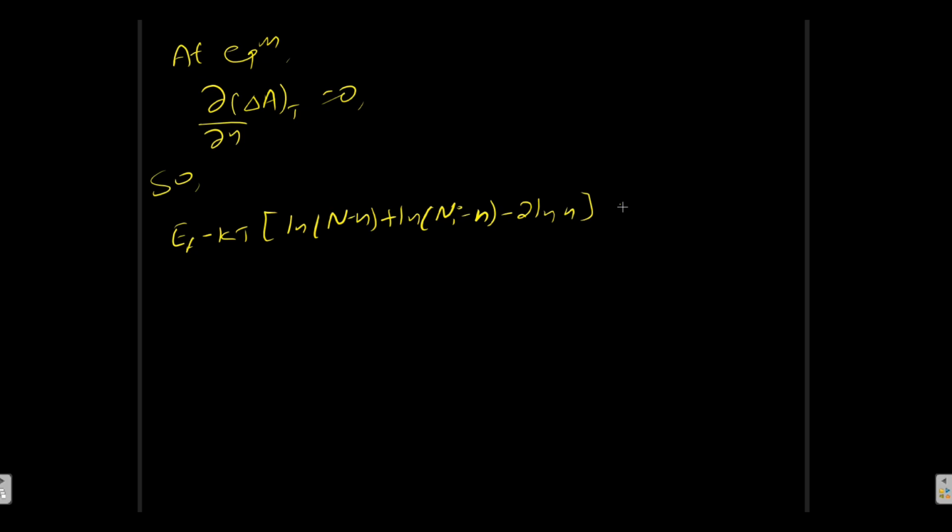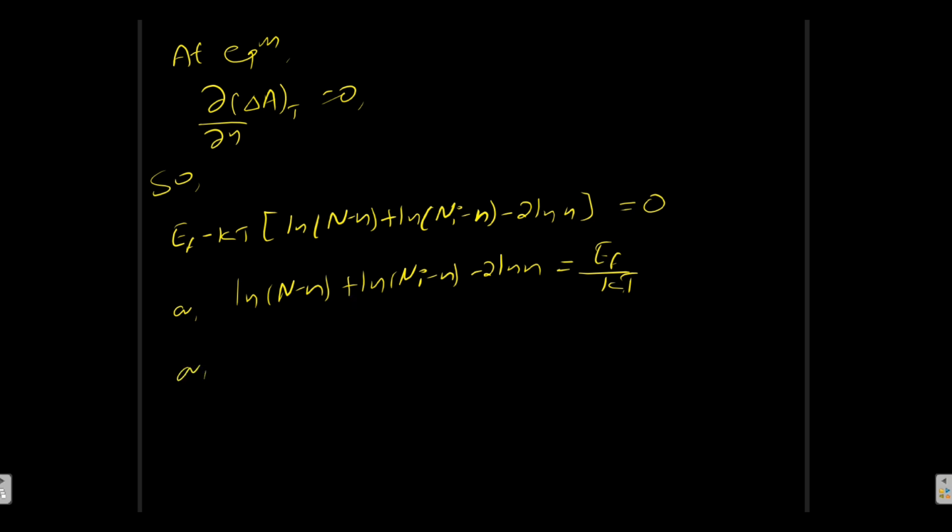So we get this much will be equal to 0, right? So Ef will go this side, and we will get ln(N − n) + ln(Ni − n) − 2 ln n will be equal to Ef by kT. We get directly this much.